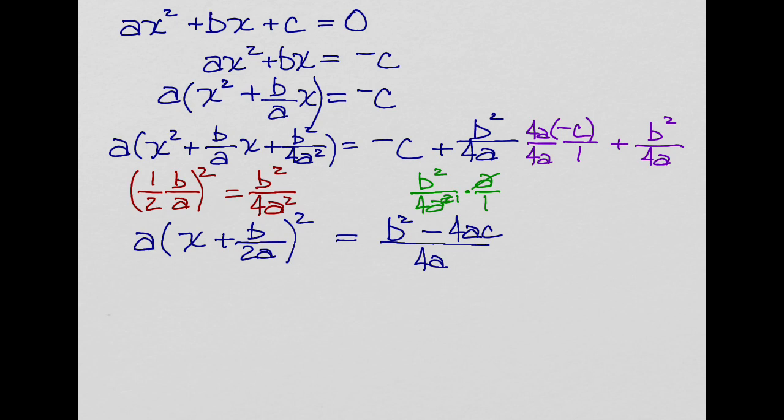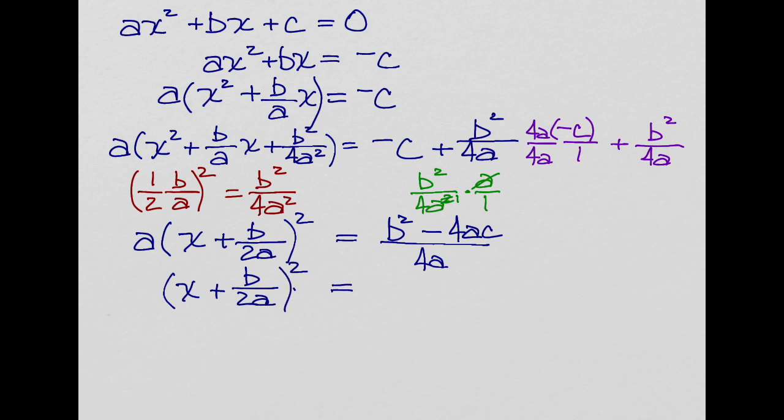So let's see. Next thing I need to do is get the square term by itself. So I need to get rid of this a. We'll divide both sides here by a. When I do that, a divided by a is 1. I have just x plus b over 2a squared.